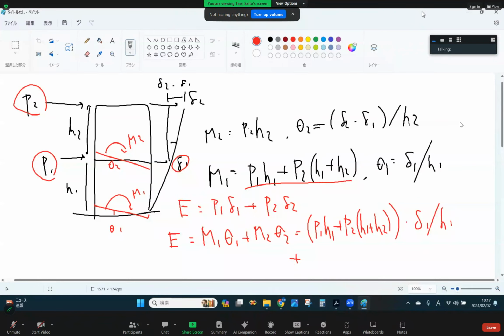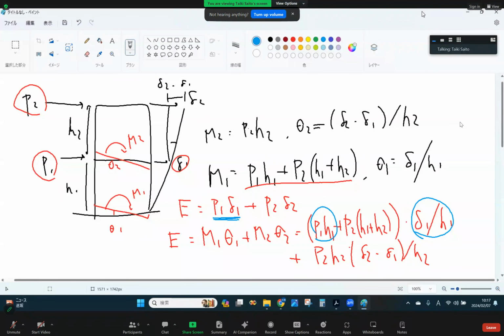M2 is P2 H2 theta 2, delta 2 minus delta 1 divided by H2. Maybe it becomes the same. So this part multiplied by this part will be this one.